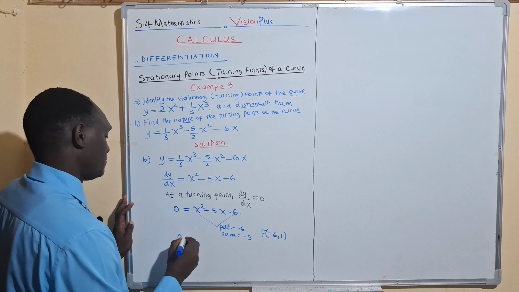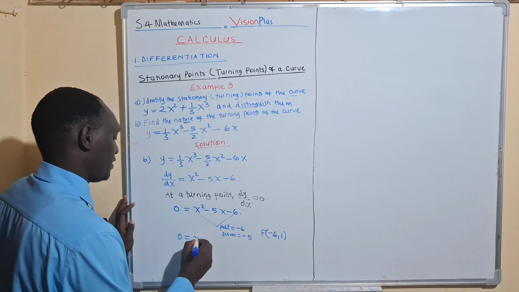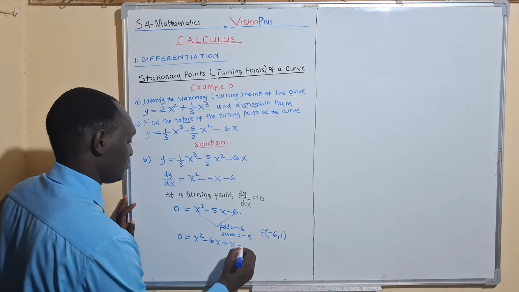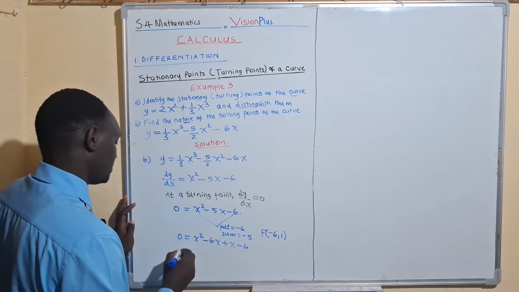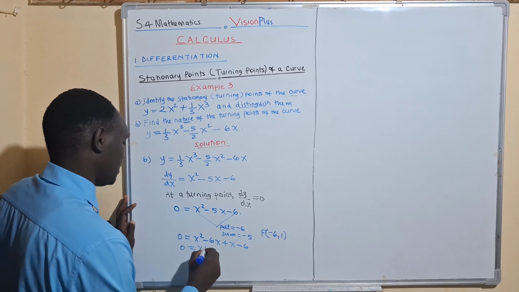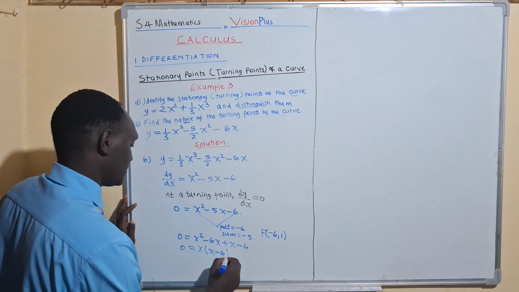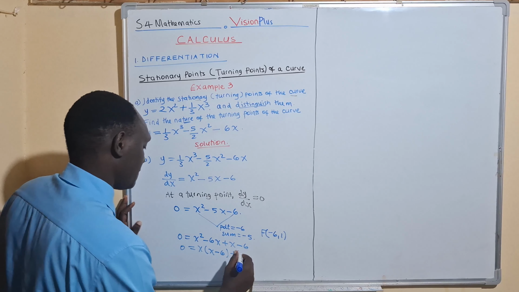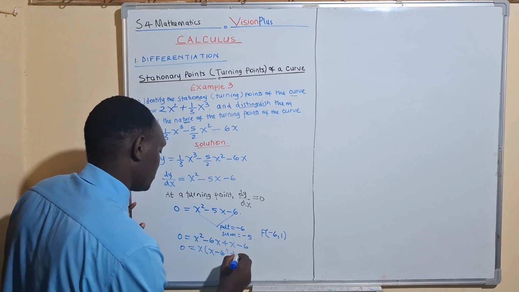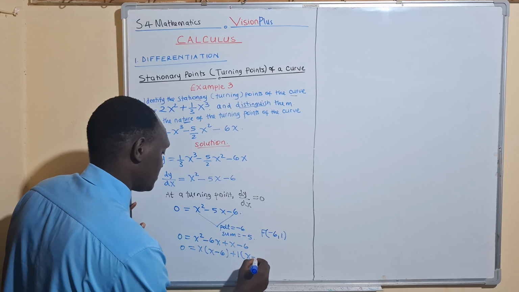So we shall have 0 equals x squared minus 6x plus x minus 6. When we factorize, 0 equals x into x minus 6 plus 1 into x minus 6, since 1 is a constant.